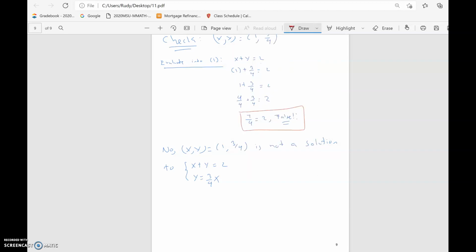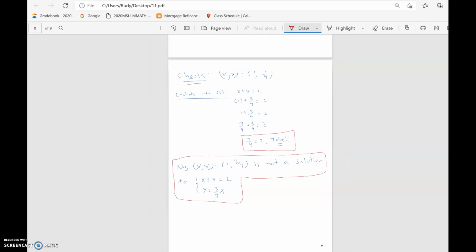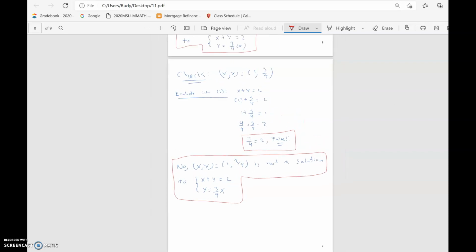Remember that in order for it to be a solution, you have to plug it into both, and both end up with true statements.